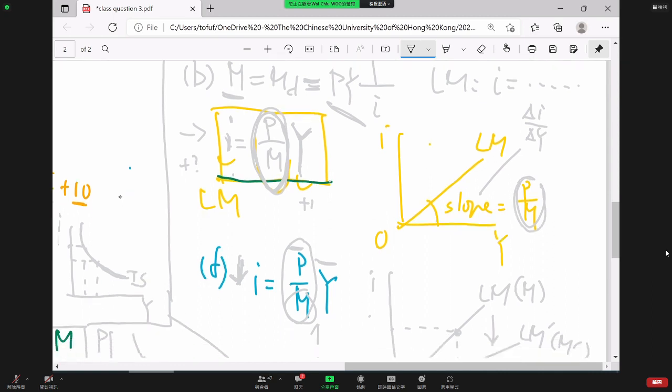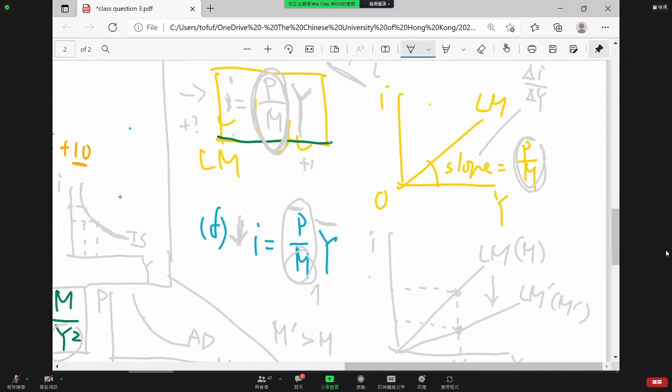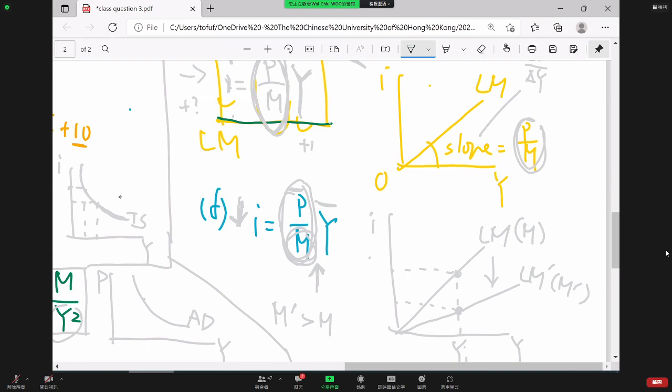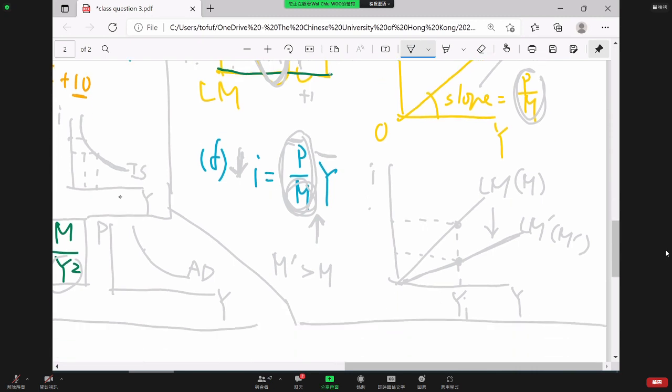Now if m is higher, that means the slope would reduce, because P divided by a higher m would be a lower value, and a lower slope value would mean a flatter line. That is why it is changing the slope, not only a shift, but a non-parallel shift.